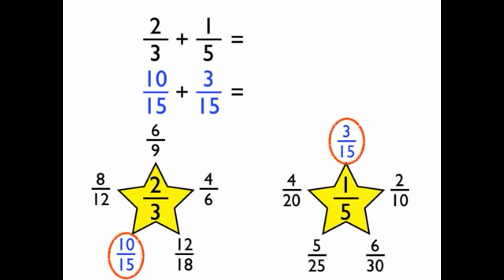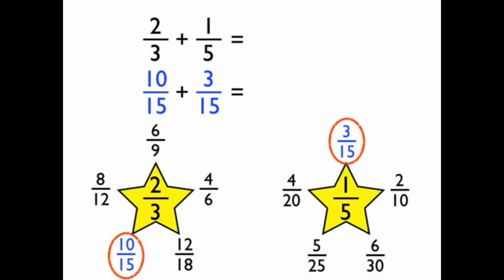So I take the 10/15 and I add to that 3/15. So just to recap, this has been a little method that we've used to spot which equivalent fractions we use to turn 2/3 add 1/5 into 10/15 add 3/15.